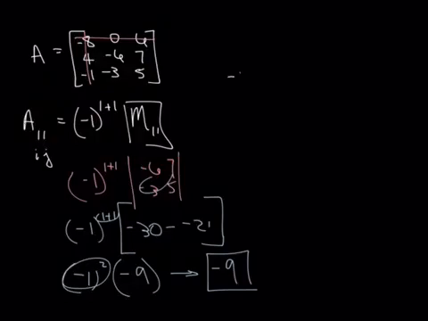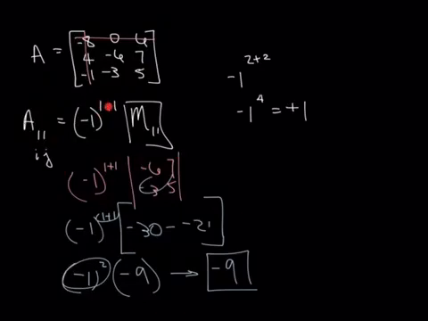So if this is negative 1 to the 2 plus 2, that would be negative 1 to the 4th power, which is going to be a positive 1, right? So whenever these two numbers add up to be an even number, negative 1 to that even number will be a positive 1.